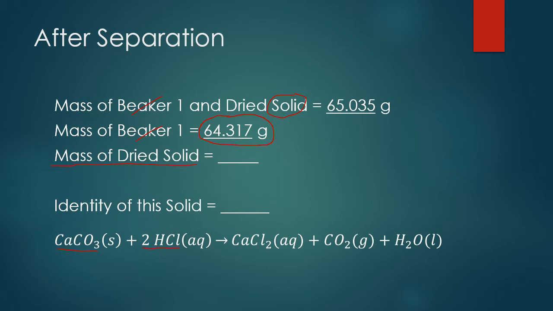So you don't want to be writing calcium carbonate here in this blank, because once the HCl was added to it, it actually changed. So one of these 3 products will be the correct answer for the identity of this solid. Now, carbon dioxide is a gas, so that wouldn't work for identity of solid. Water, which we evaporated off in the oven, is a liquid, also not a solid. So by default, you can figure out which of the products is the identity of this solid.